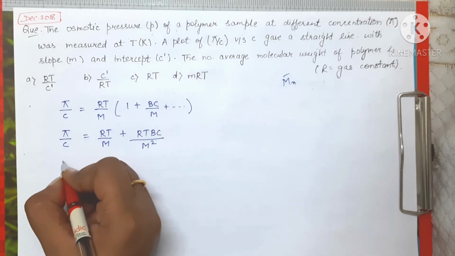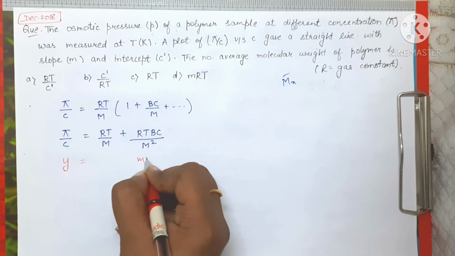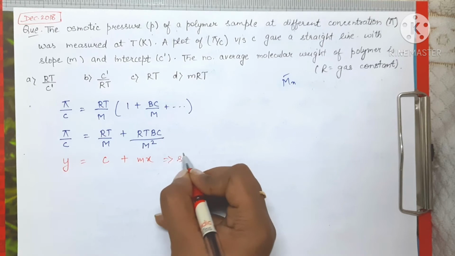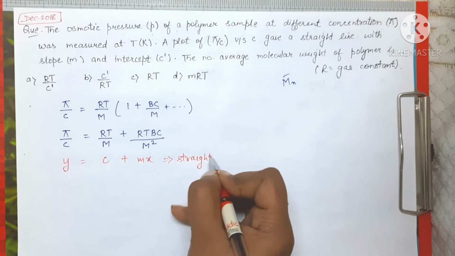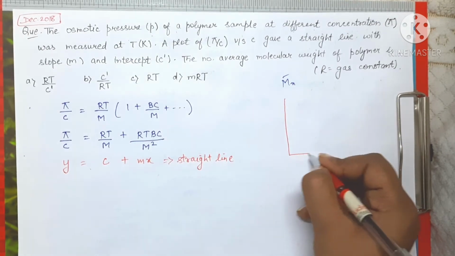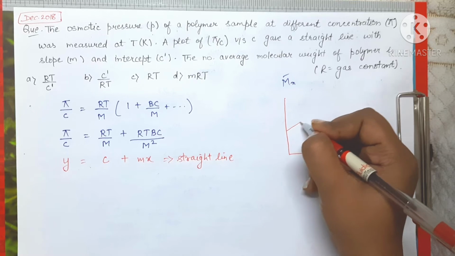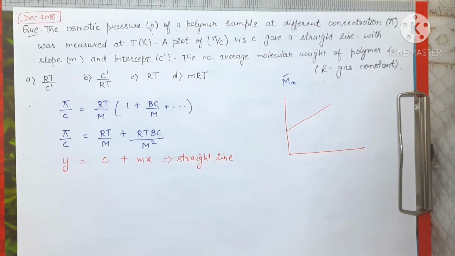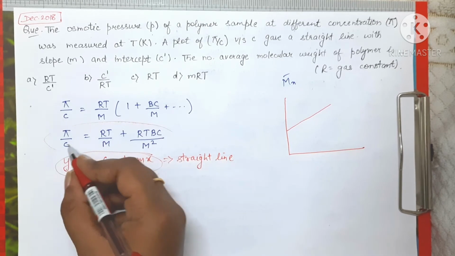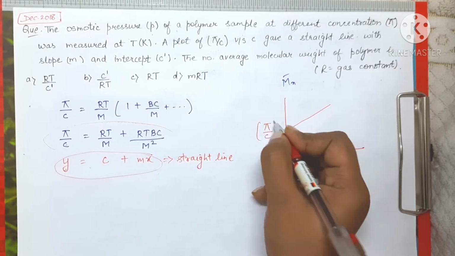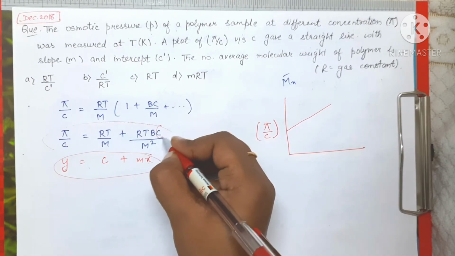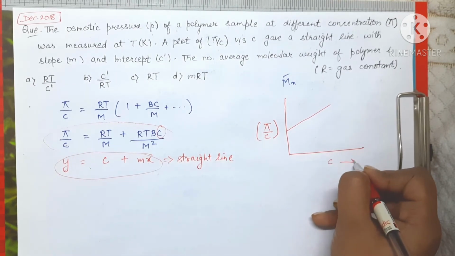Now from here what we can do is we can equate this equation with y equals mx plus c, which is the equation for a straight line. If we compare this straight line with this equation, then on the y-axis we'll be having π/c, and on the x-axis we will be having the concentration term, right?